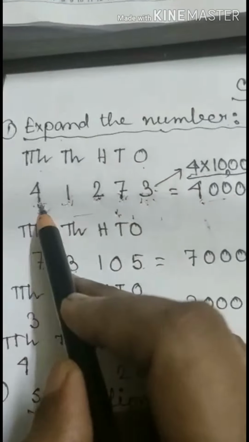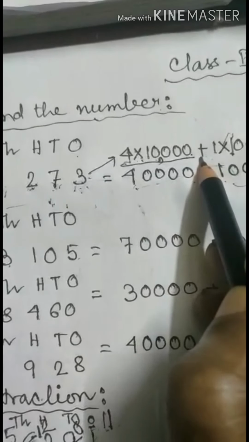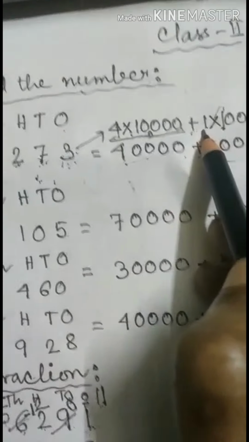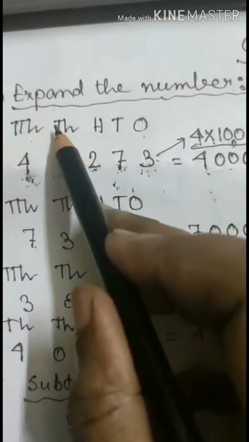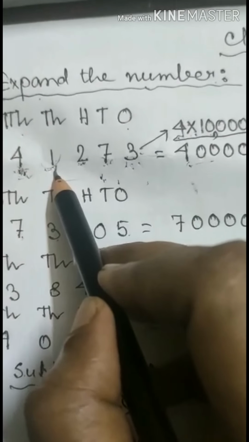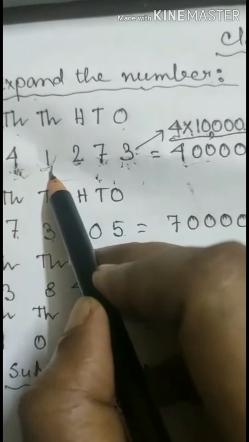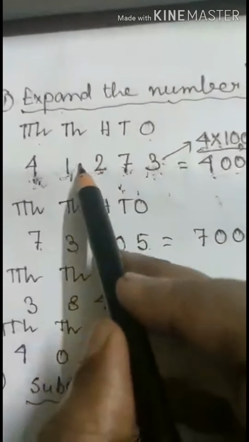So you write 4 first and multiply with 10,000. Then give a plus sign and write 1 into 1,000 because it is in the thousands place.